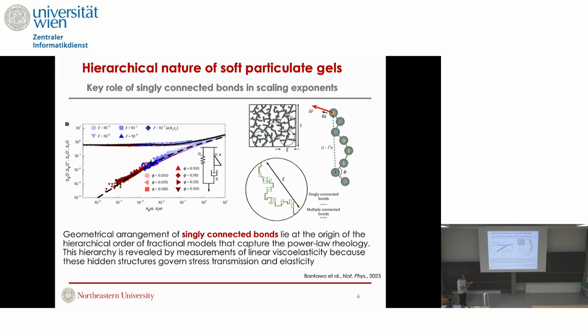What turns out to be the case is that the geometrical arrangement of these singly connected bonds is the key to explain the fractal models that at the macroscopic level recover the viscoelasticity of these gels. And you can see that in a fractional model or in a ladder model, which basically brings out those hierarchy of length scales. So all of these to now get to, yes?